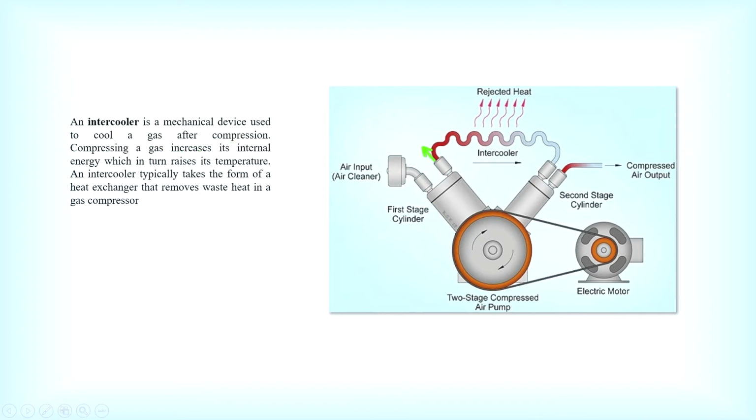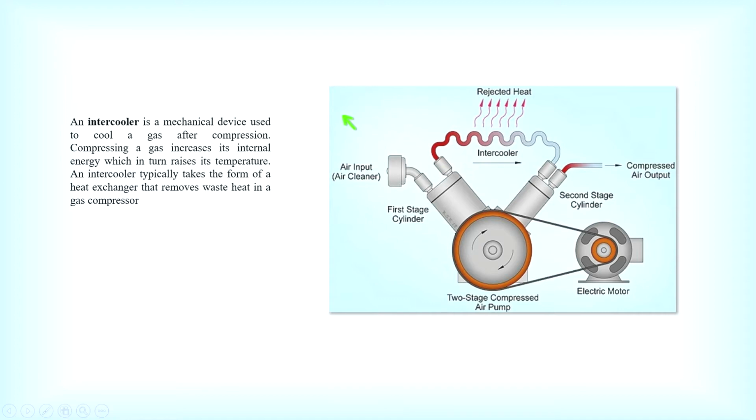Okay, so that's here. Now compressing a gas increases its internal energy, which in turn raises its temperature. An intercooler typically takes the form of a heat exchanger that removes waste heat in a gas compressor. So waste heat here refers to an unavailable energy.